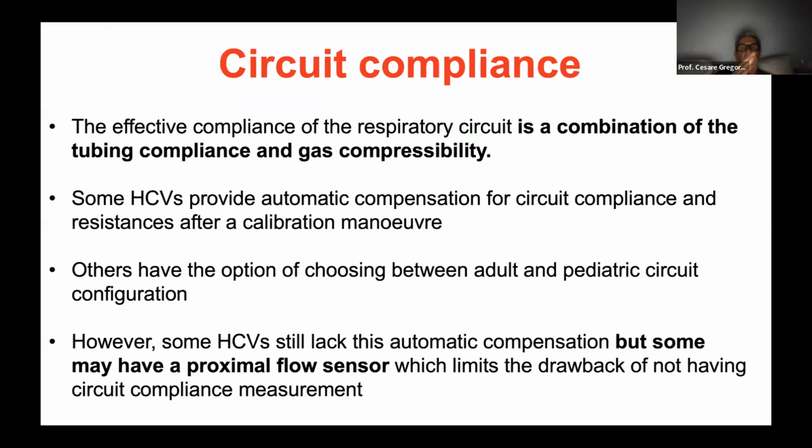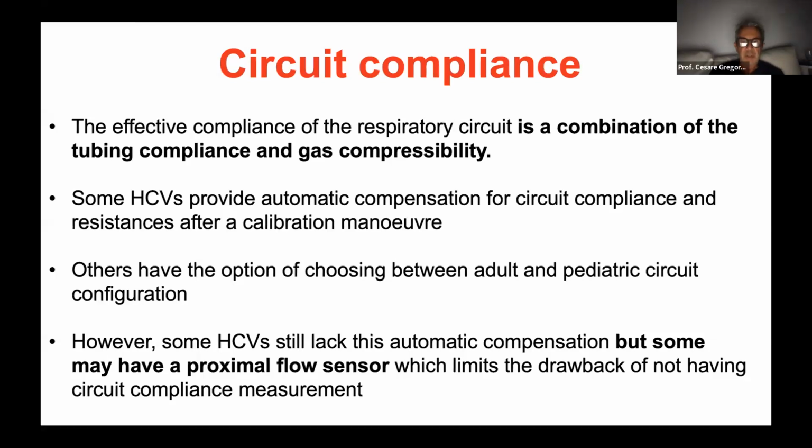So one important issue with non-vented respiratory circuits is the circuit compliance. The effective compliance of the respiratory circuit is a combination of the tubing compliance and gas compressibility. Some home care ventilators provide automatic compensation for circuit compliance and resistance after a calibration maneuver.